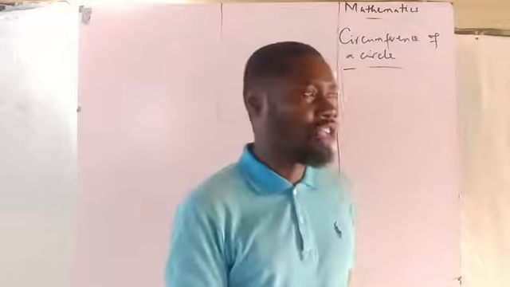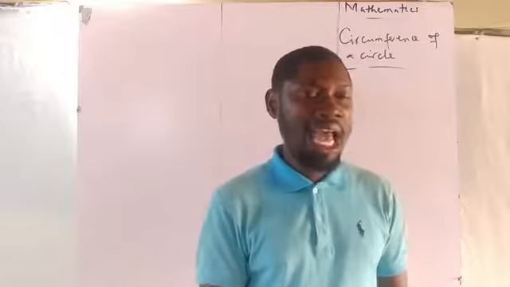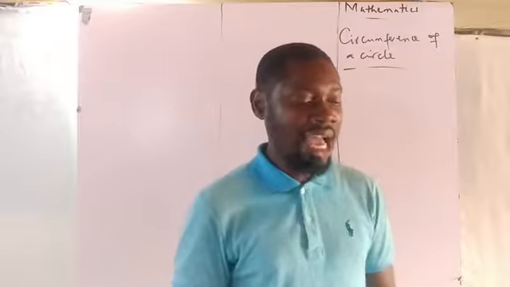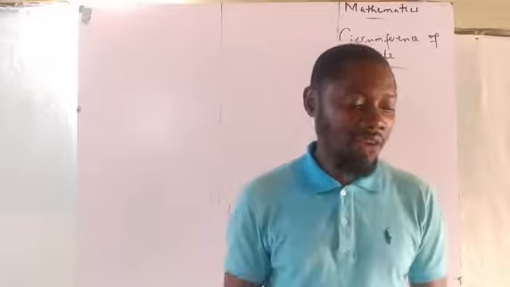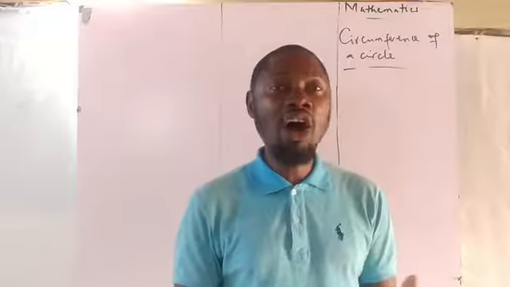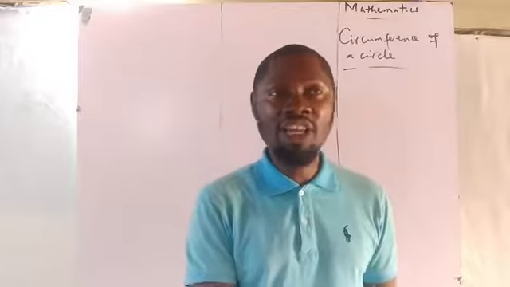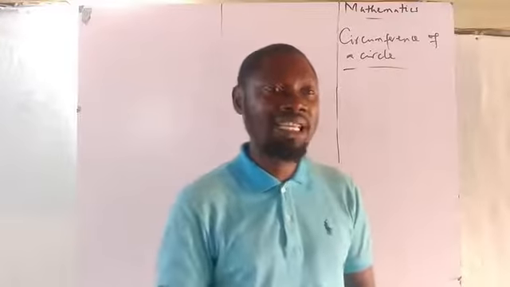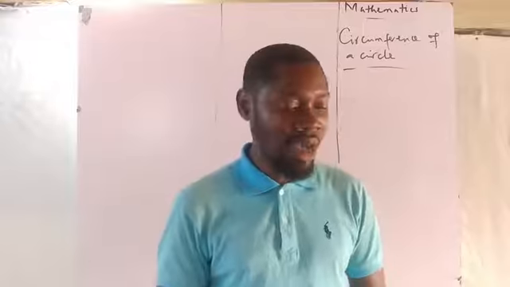Then I also mentioned people like Liu Hui of China and Aryabhata of India, who worked on the concept of pi before even the Greeks started writing books or articles about pi.